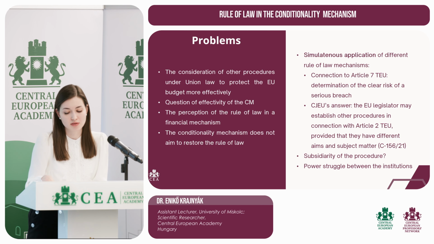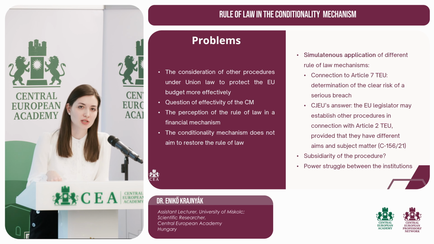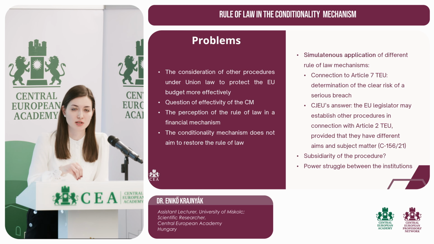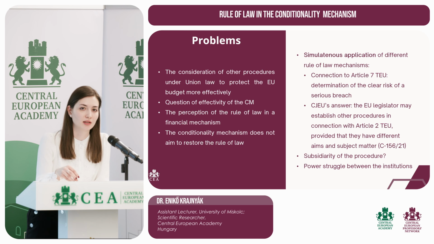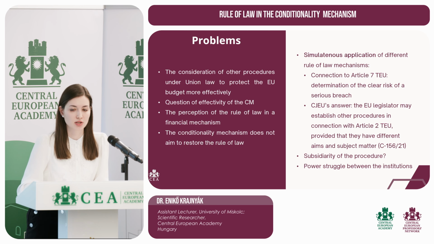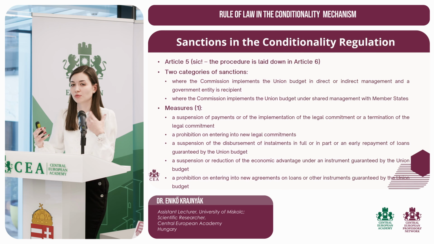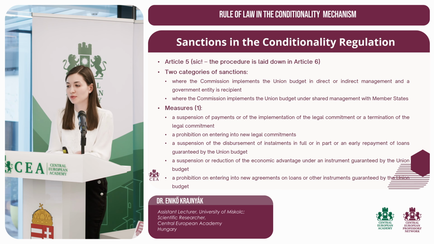And on the other hand, we can see that in the Article 7 procedure, the Commission also has an important part from the side of the rule of law framework. So in connection with Poland, the Article 7 procedure was initiated by the Commission after the rule of law framework, and in case of Hungary, it was initiated by the European Parliament. And then the conditionality mechanism was triggered by the European Commission in connection with Hungary again. So we can see a sort of dynamics between the different institutions.